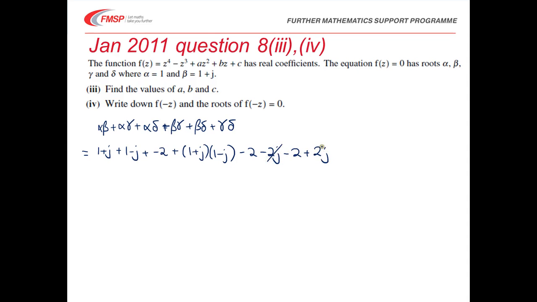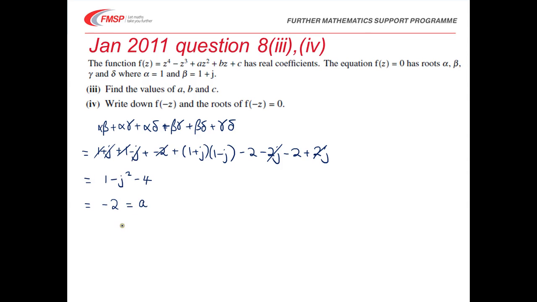So the minus 2j and the plus 2j cancel, the plus j and the minus j cancel, and then at the beginning I've got 1 plus 1 minus 2, so that cancels as well. Then I've got 1 plus j, 1 minus j is 1 minus j squared, minus 4. That's 1 plus 1 minus 4, which is minus 2. And that is equal to the coefficient of z squared, which is a.